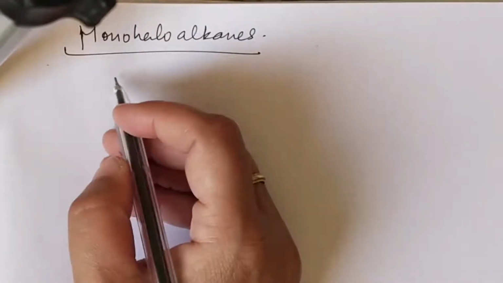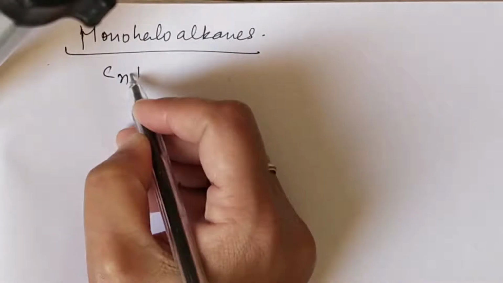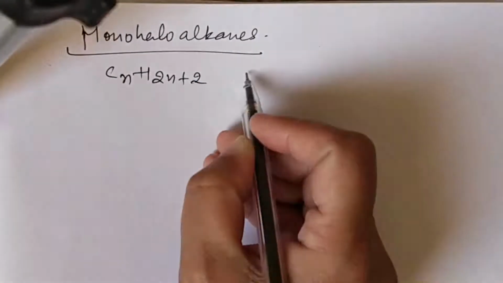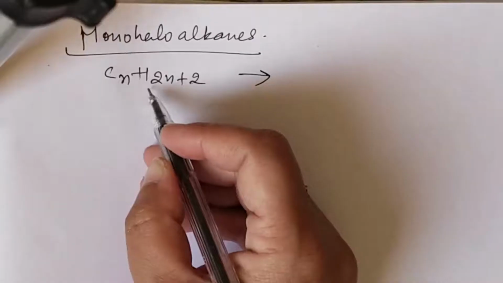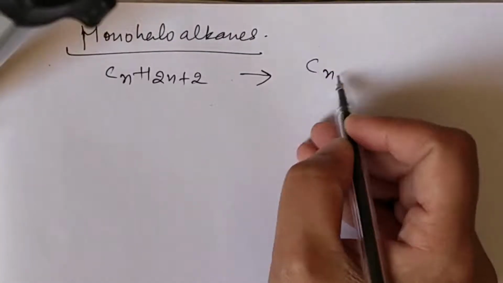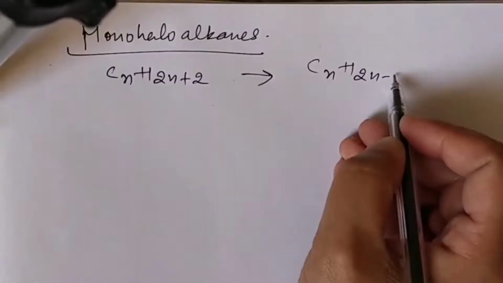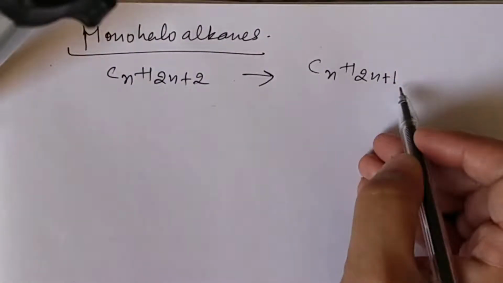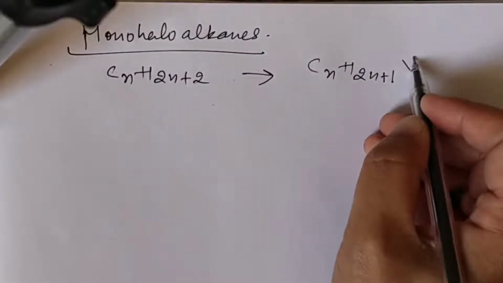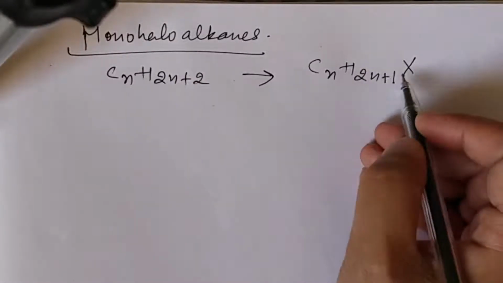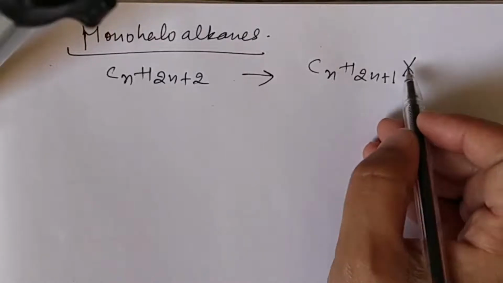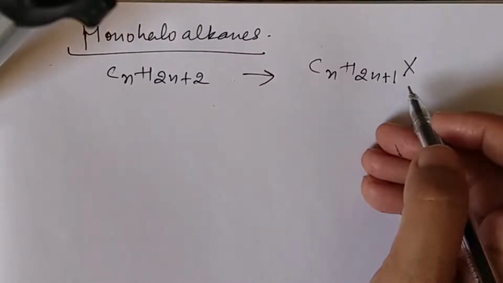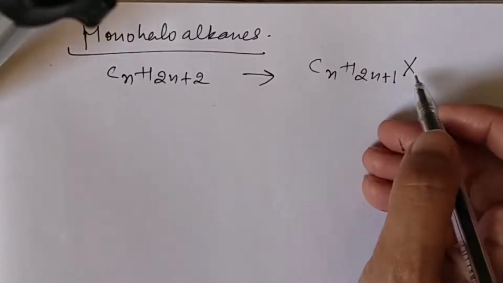Like in alkanes, where the general formula is CnH2n+2, here one hydrogen is replaced by X, and X is one halogen atom.